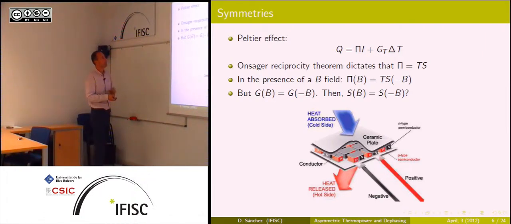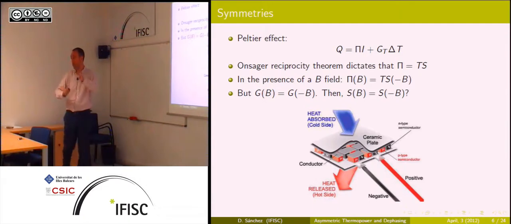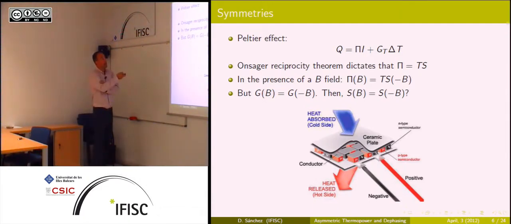Okay? Now, what happens if you now include a magnetic field? Then the Onsager reciprocity relation says that the Peltier coefficient and the Seebeck coefficient are also related to each other, but you have to invert the orientation of the magnetic field. On the other hand, this reciprocity theorem tells us that the conductance for a two-terminal setup is an even function of the magnetic field.